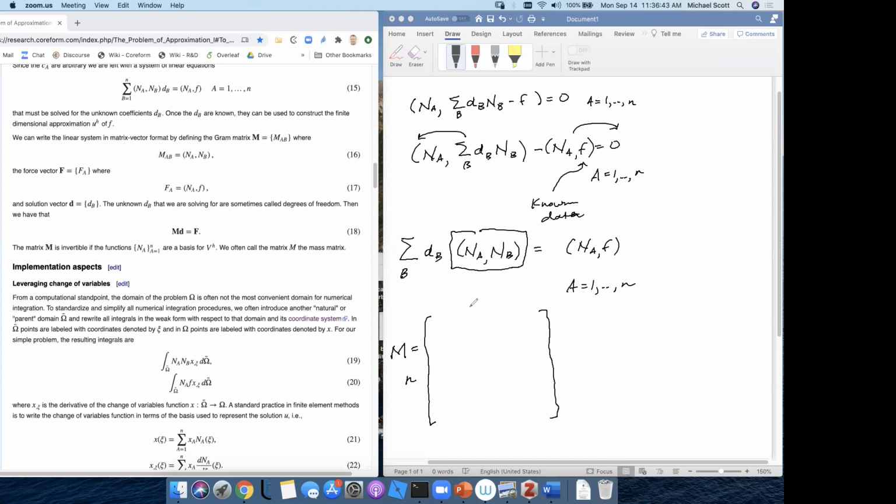We can have n rows, n columns, because there's n unknowns, there's n equations. What's going to go in this 1,1 slot? Like in the very top left corner of the matrix, what goes here?